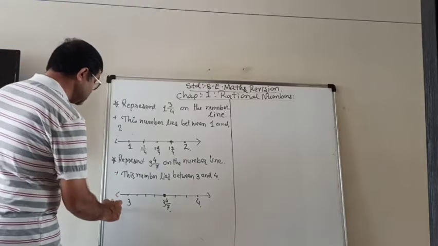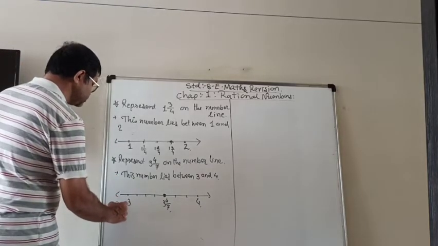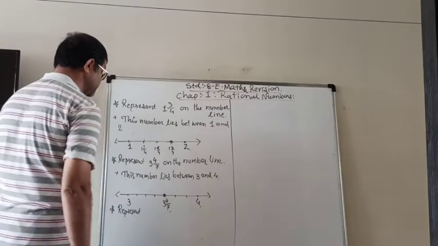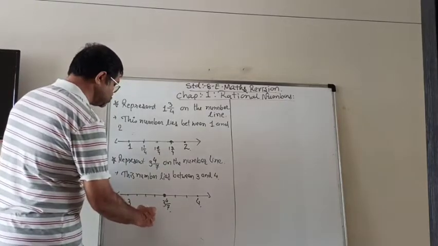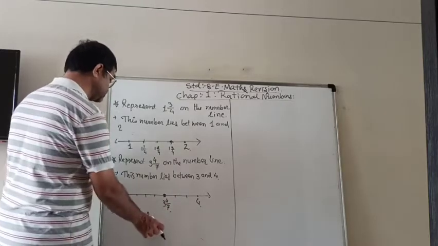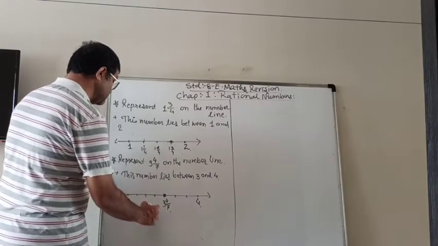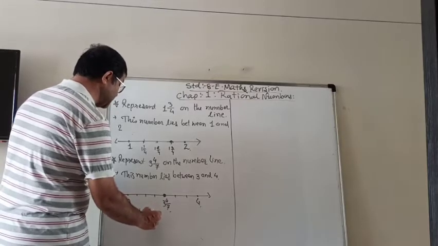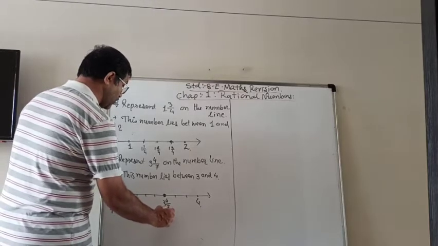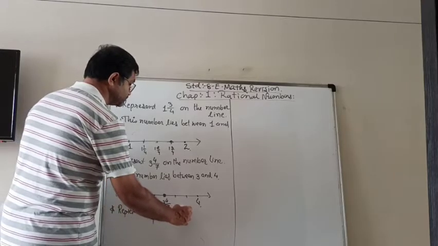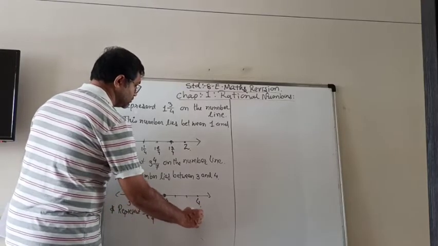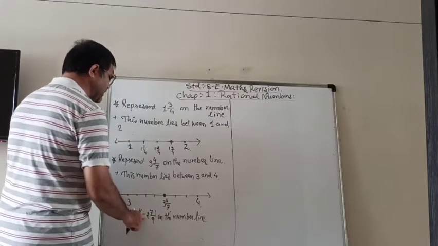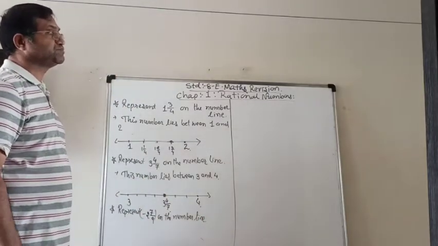Let's take a negative number. Represent minus 2 integer 7 upon 9 on the number line. Now it is minus 2 integer.